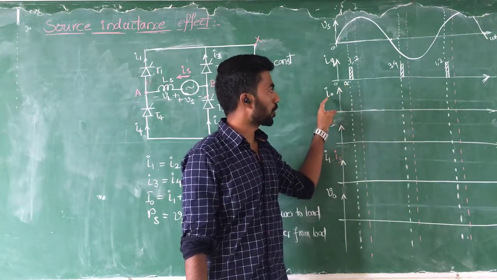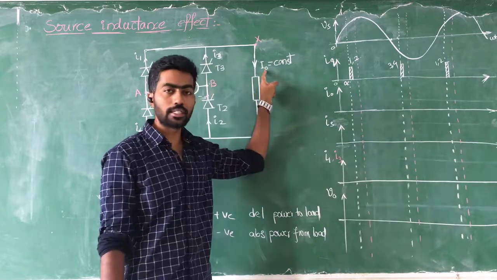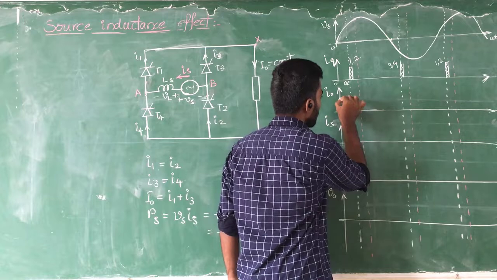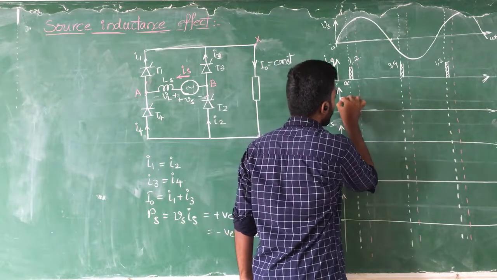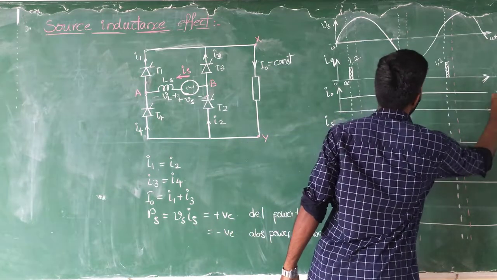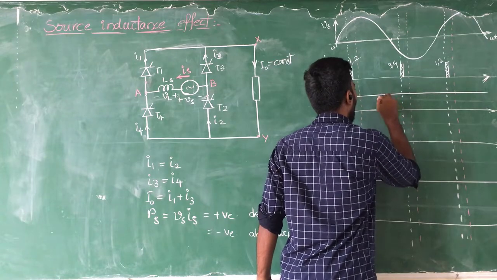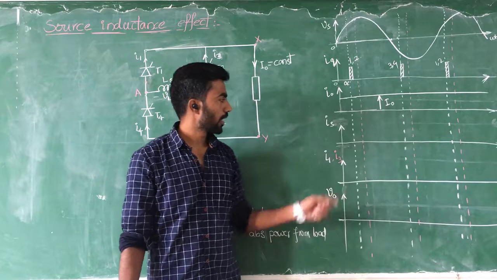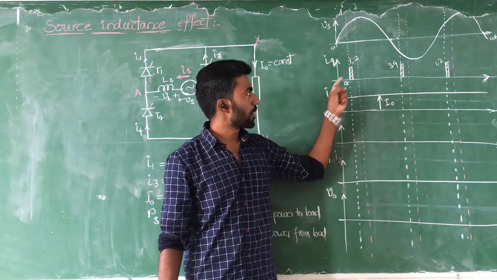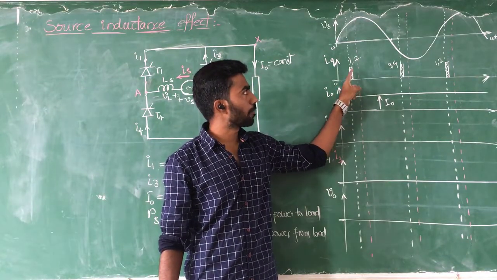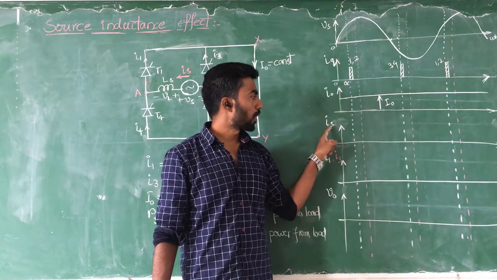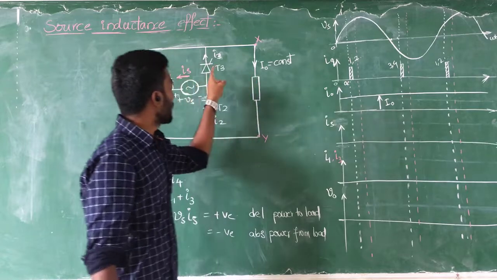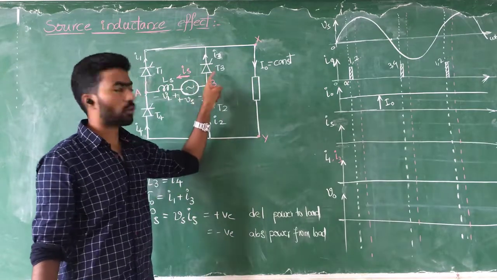And the I0 current, we have already assumed, is constant in magnitude. This current is constant here, and that magnitude is I0 amperes. Now we assume that before giving the triggering pulse to 1 and 2, devices 3 and 4 were conducting.